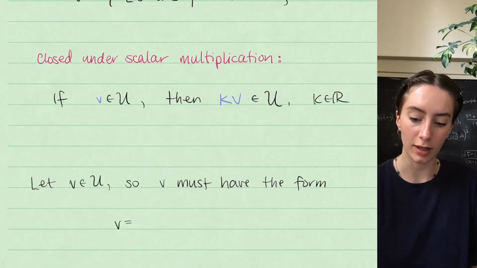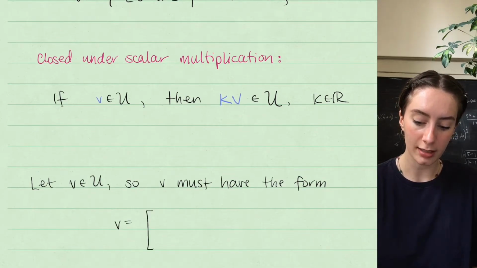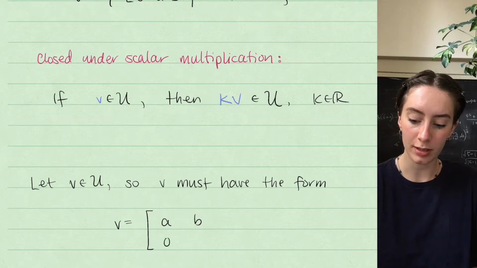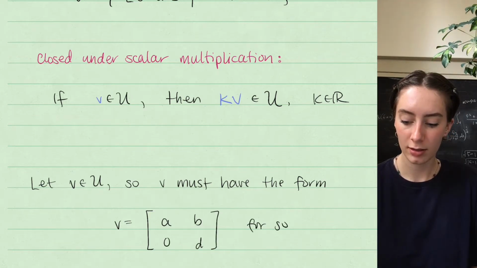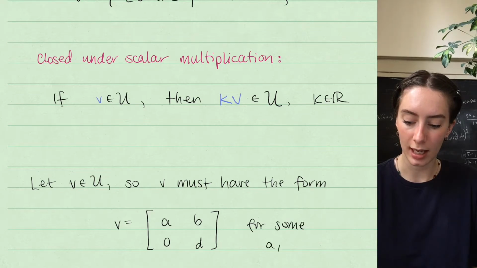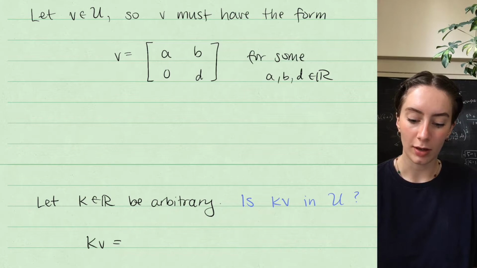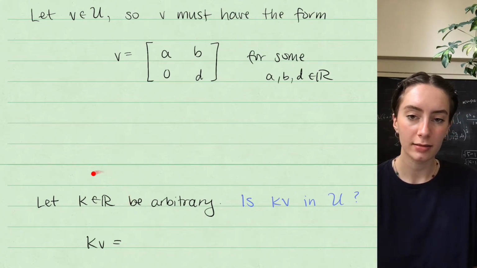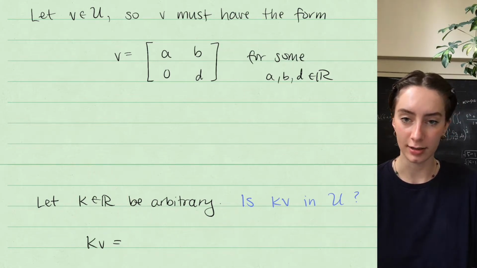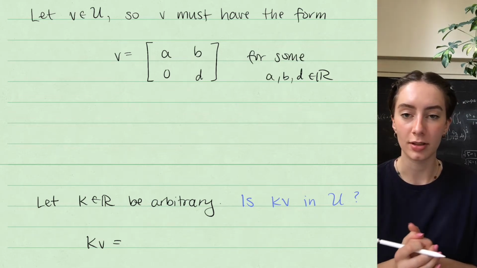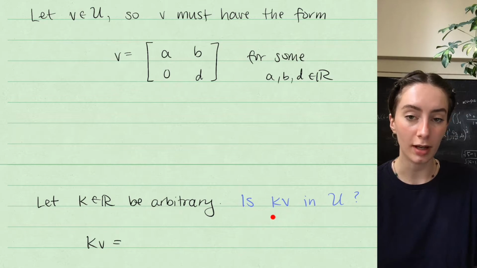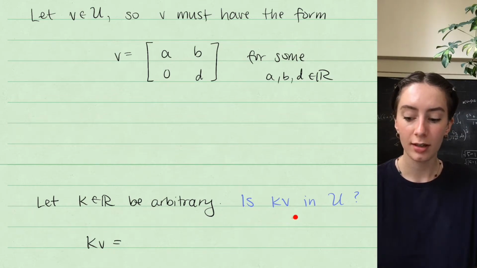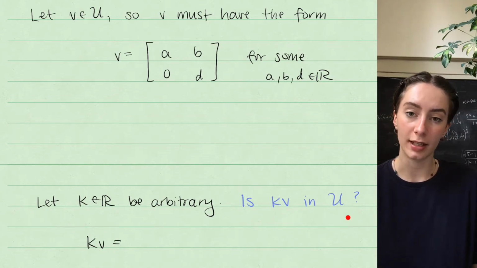So I'm just going to write V has to equal A, B, 0, D for some constants A, B, D, right? Now we want to say let K be some arbitrary constant. So this is any real number. So 10, -20, a million. Is this new element K times V guaranteed to be in our set U?